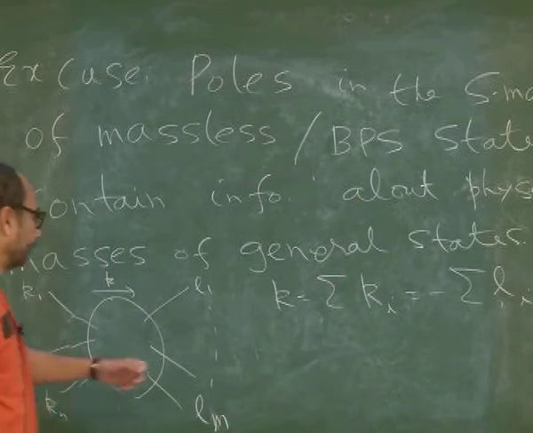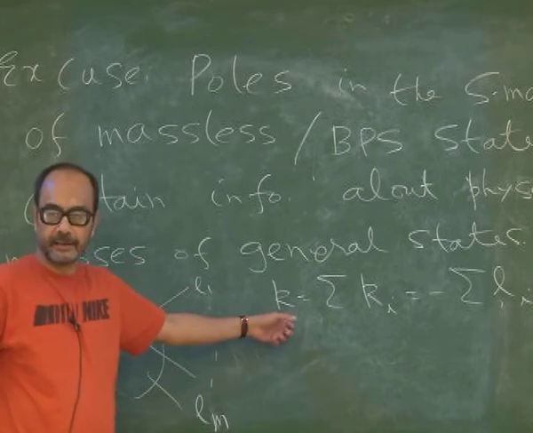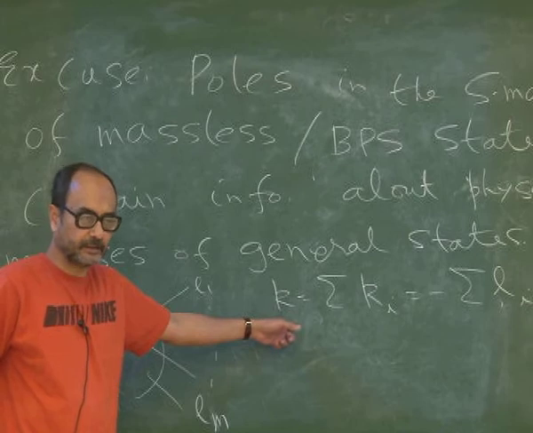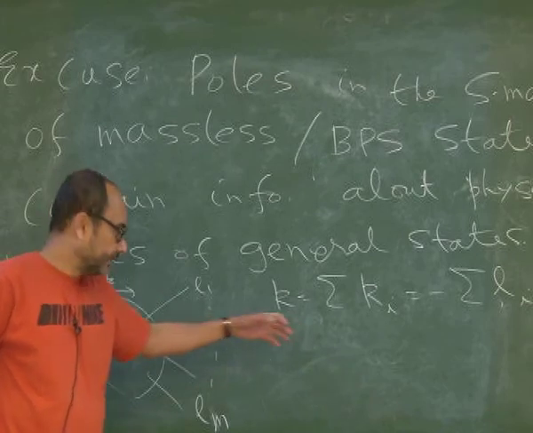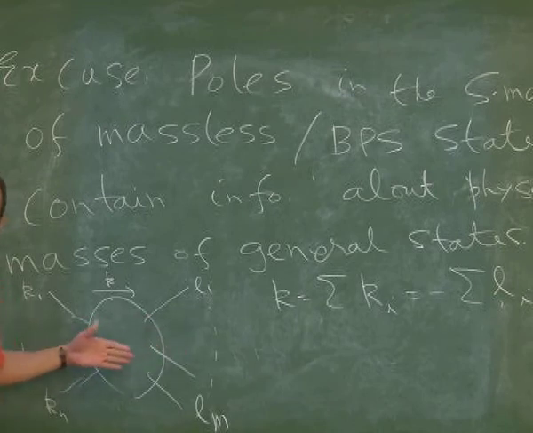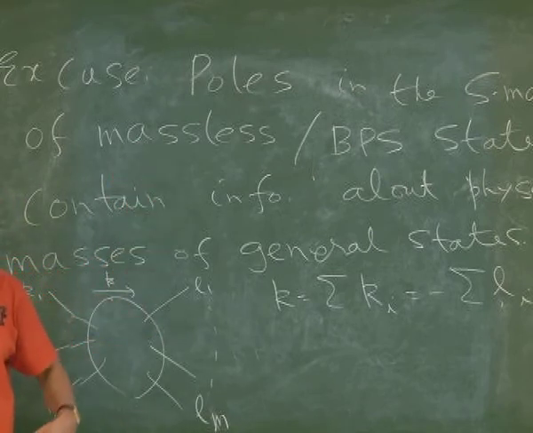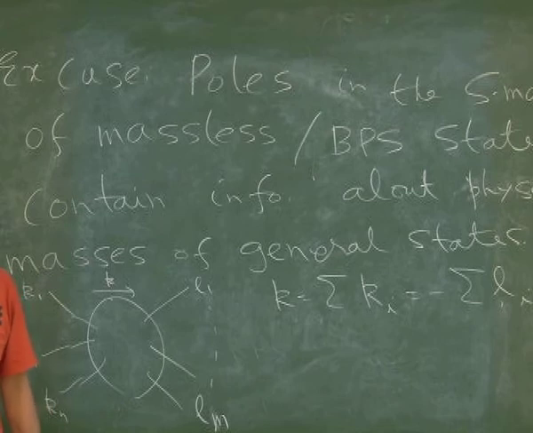So what you can do is examine the poles of the S matrix element as a function of k squared, and those poles essentially come from intermediate states propagating in this channel, by the standard factorization property of S matrix elements, which of course goes beyond tree level. It is a generally valid statement. The locations of those poles are basically the physical masses of various massive particles.